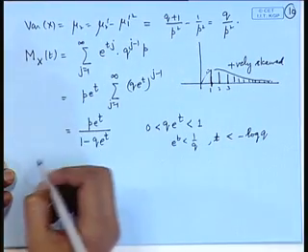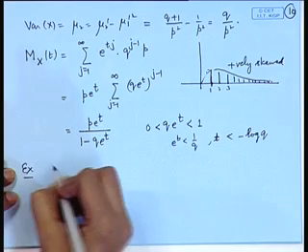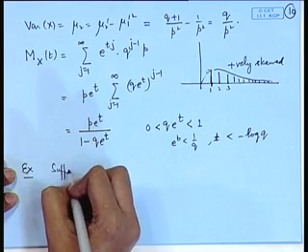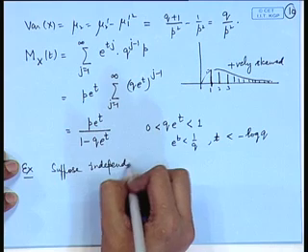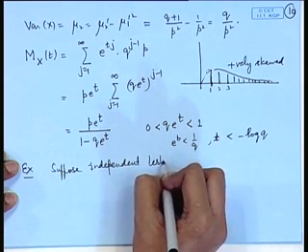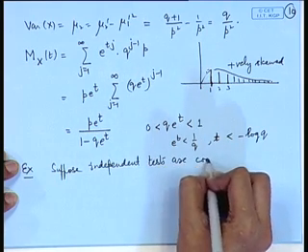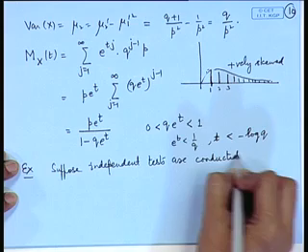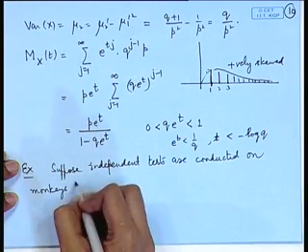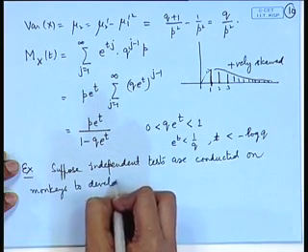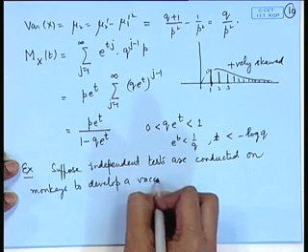Let me give one example here. Suppose independent tests are conducted on monkeys to develop a vaccine.